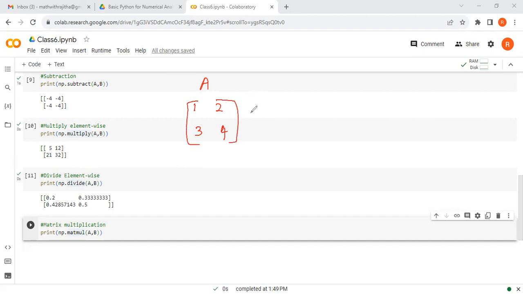We multiply by the B matrix, 5, 6, 7, 8.